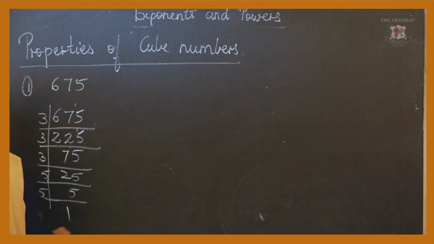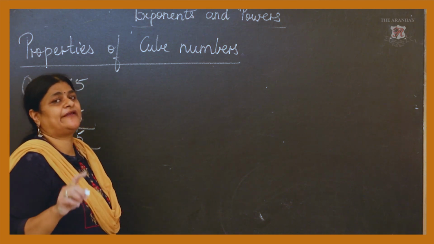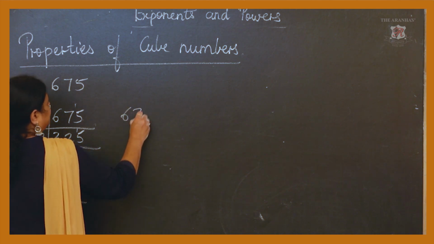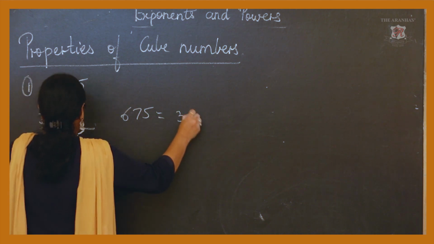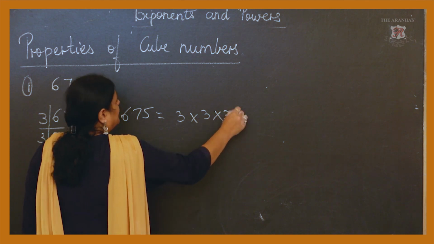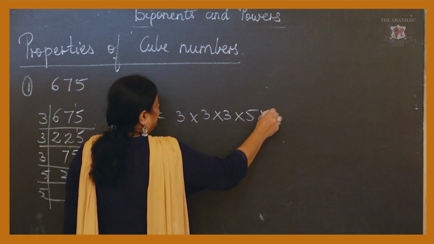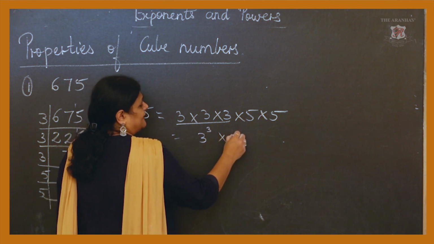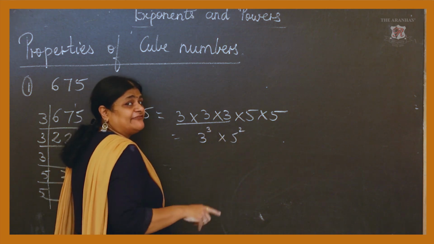Now here you have to find out whether it is a perfect cube or not. 675 is equal to 3 into 3 into 3 into 5 into 5. You have got over here how much? 3 cubed. But here you have got 5 squared.